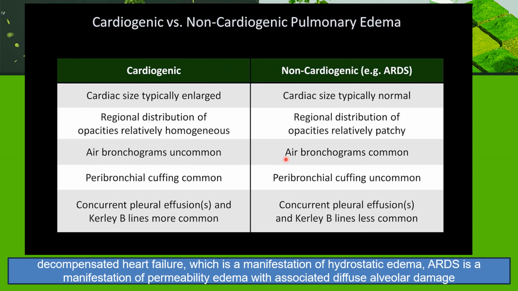Air bronchograms are uncommon in cardiogenic and common in non-cardiogenic pulmonary edema, while peribronchial cuffing is common in cardiogenic and uncommon in non-cardiogenic, but can be seen sometimes. Septal lines are more common with cardiogenic pulmonary edema. So these are the most common differences between cardiogenic and non-cardiogenic pulmonary edema.